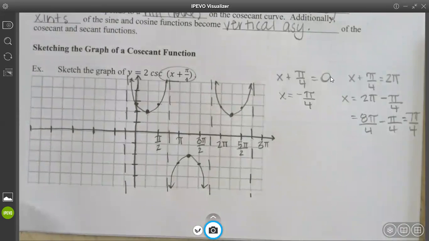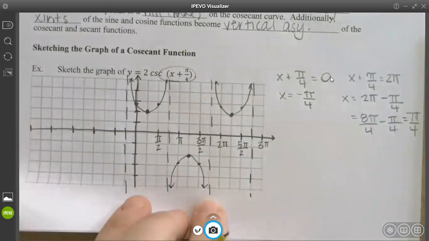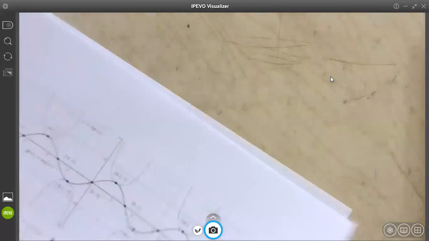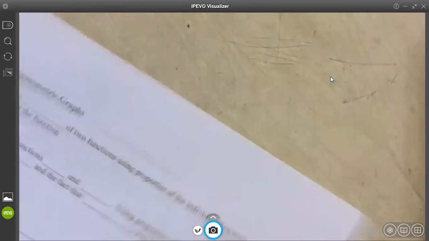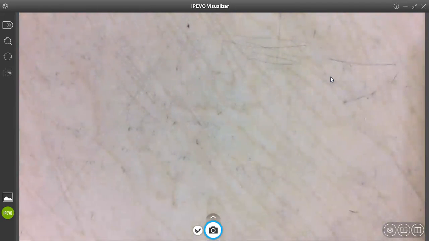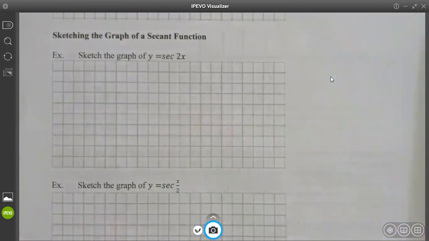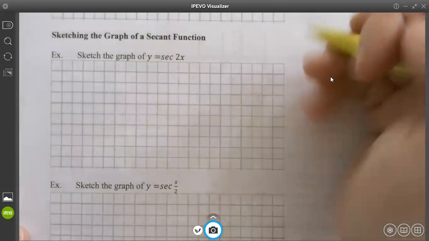I'm gonna leave the next cosecant out. We're gonna do a secant graph. What do we do for a secant graph?